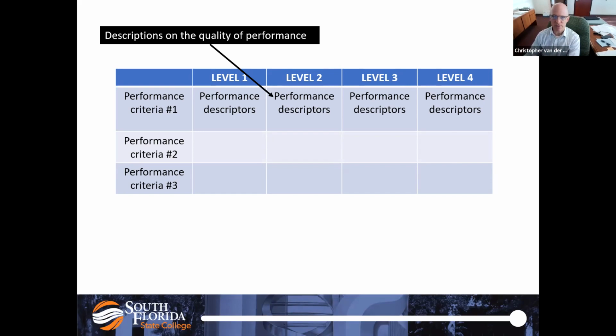And I mentioned earlier that the area where I see some people having challenges is making sure that these levels are mutually exclusive. But also too many performance levels. You don't want 12 or 15. How many should we have? More than 3. But when you start getting past 7, it's problematic.